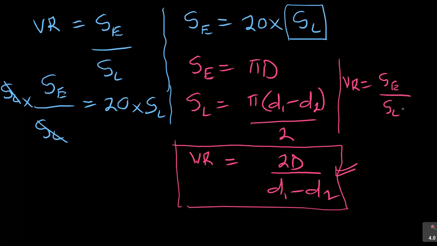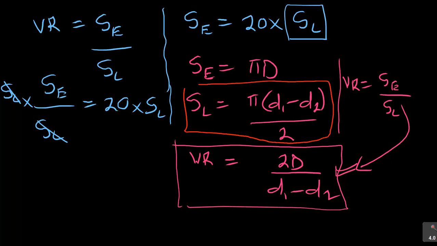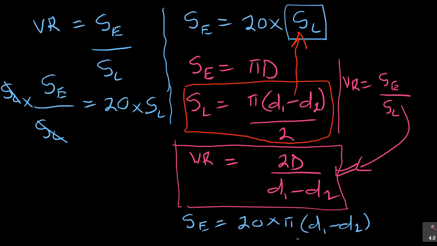Now I'm looking for SL, so where there is SL, I'm going to put pi (D1 minus D2) over 2. Then SE is equal to 20 times pi times (D1 minus D2), divided by 2.